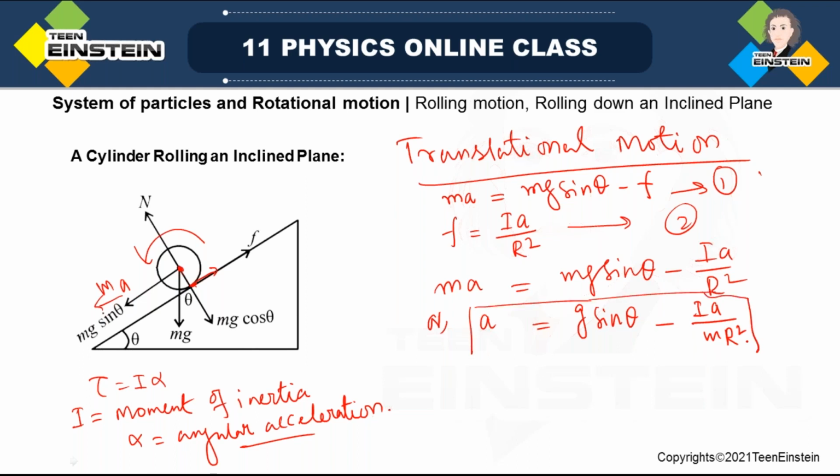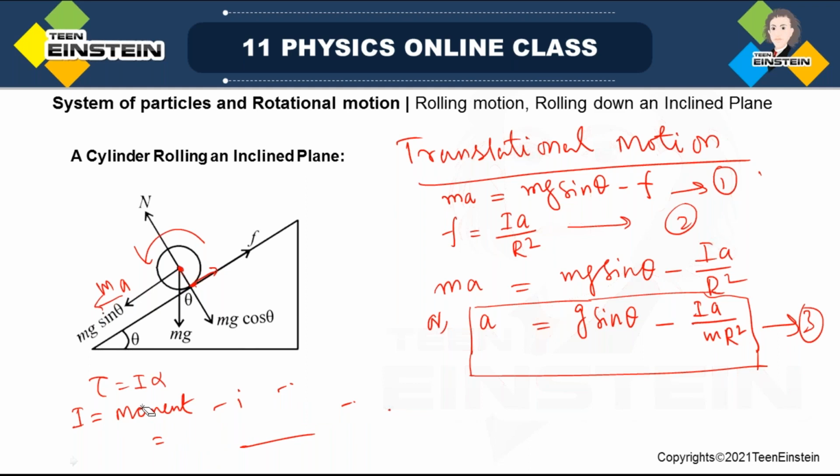Look, this is another important equation to note. Let us say this is equation number 3. Now I'll remove this portion. As I was saying, I is the moment of inertia. What will be the moment of inertia of this particular cylinder about its own axis?